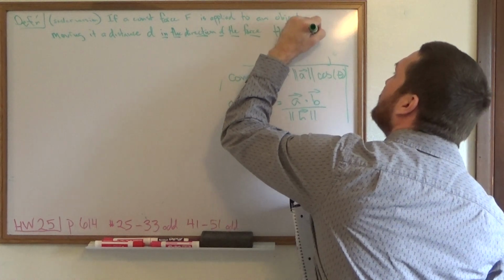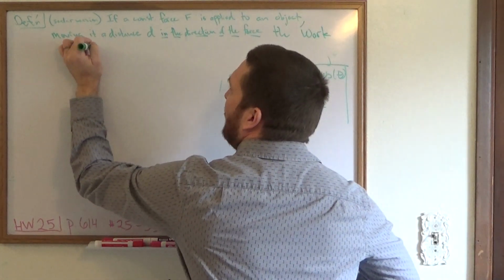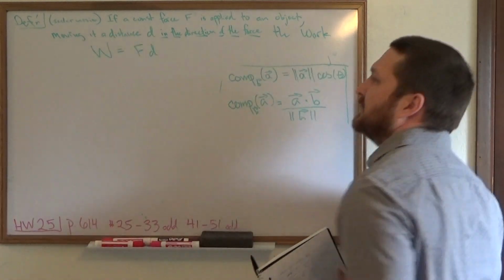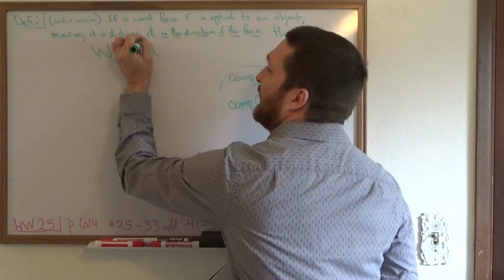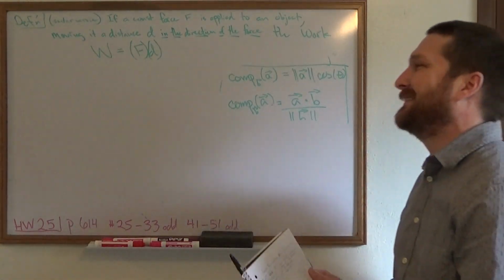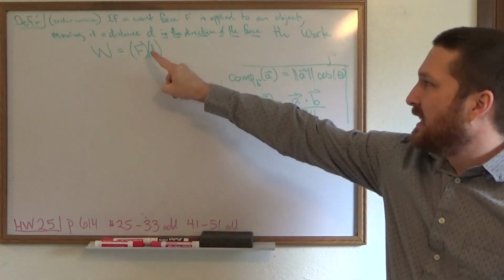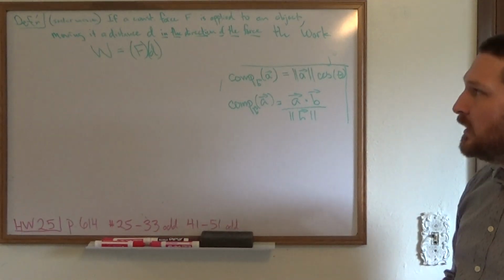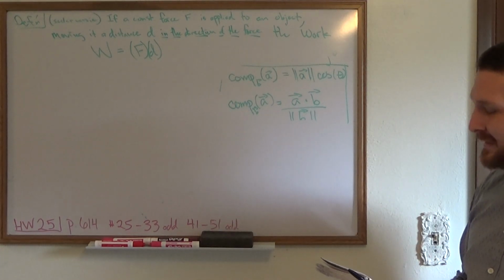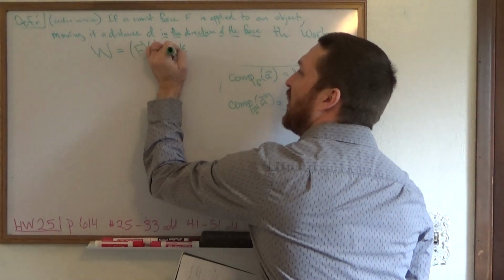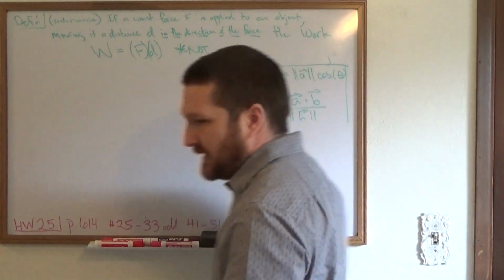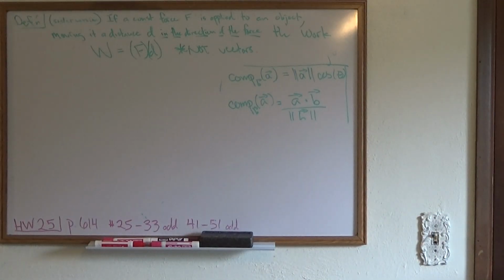The work is given by F times D. You just multiply them together. And I'll be careful. I don't want to use a dot because we're talking about the dot product, but you just take whatever that force is times the distance, and that's what we define to be the work. So force times distance. And these are not vectors. What's the work? That's the work. We're going to talk about this in just a second.